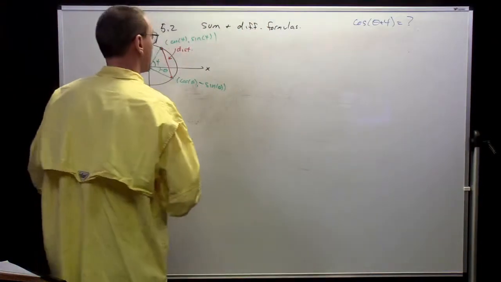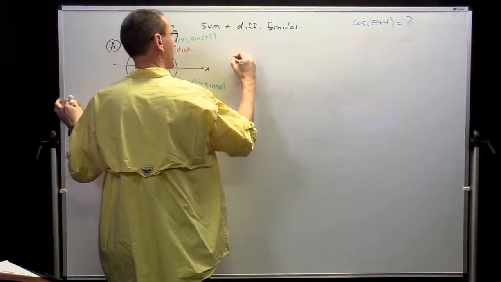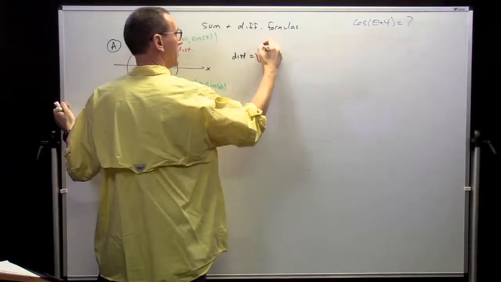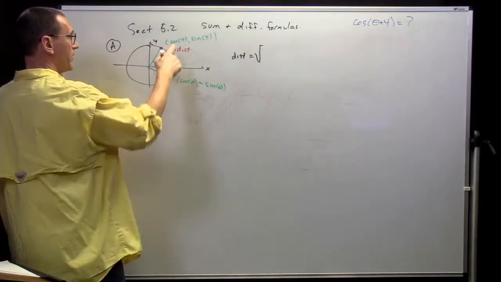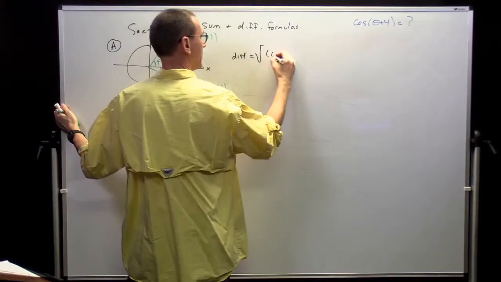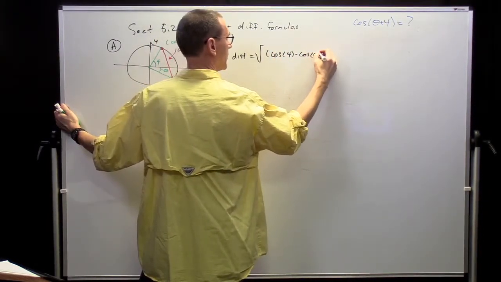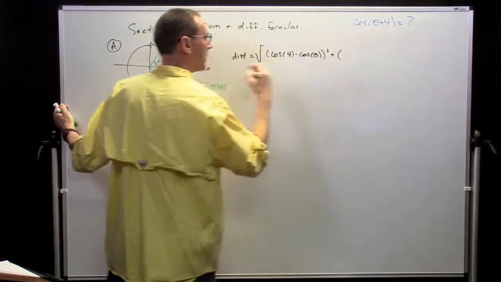So let's see. What is the distance between here and here? It's going to be the square root of this minus this squared.